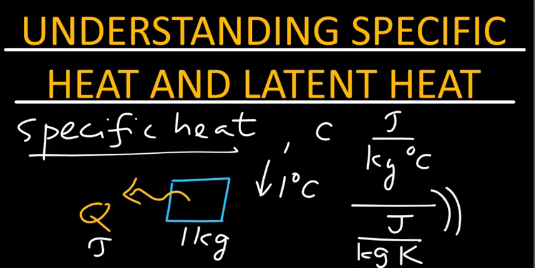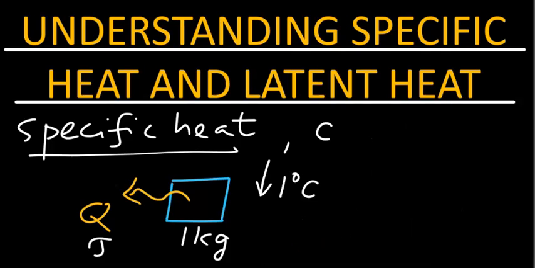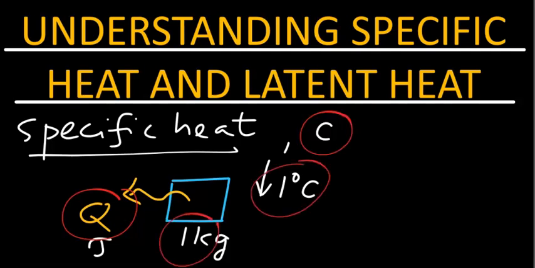They are the same units, and the reason is that an interval of 1 Celsius is the same as an interval of 1 Kelvin. So how do we relate Q, C, the mass, and the temperature change in a single equation? The equation that enables us to do that is the following.